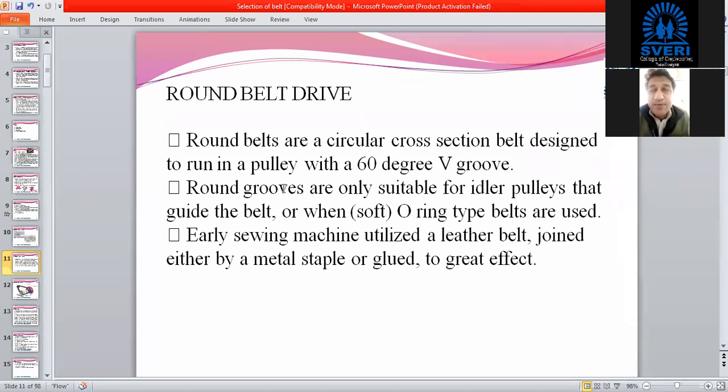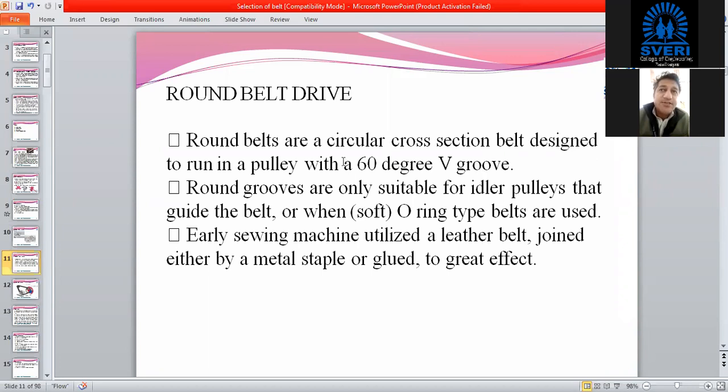Otherwise, rope drives can be used for long distance and for heavy duty also. These rope drives are very different from the circular section belt. Are you getting me? We're not talking about the rope drives. We are just saying what cross section we are going to use in the case of belt drives only. And in that we are going to see these round belts.